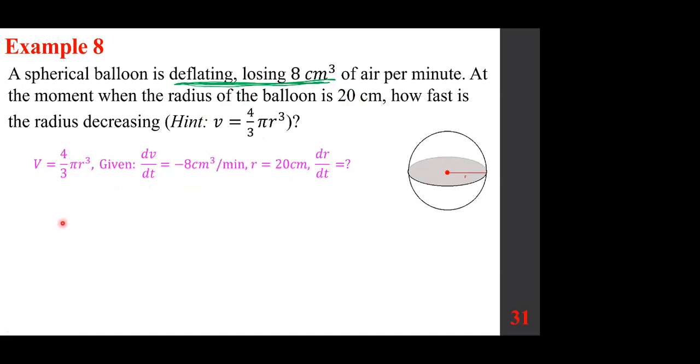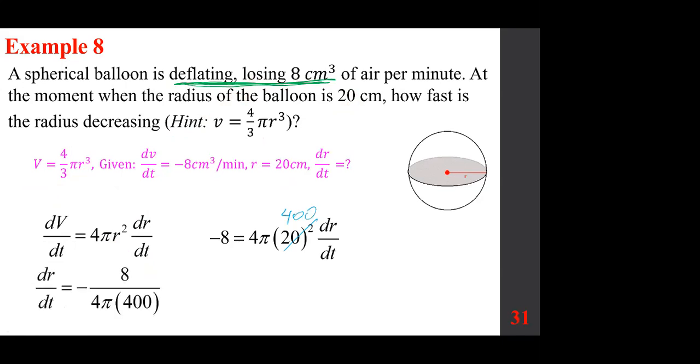Now we are going to differentiate this. We already did that. I hope you remember the 4 pi r squared dr/dt from that question. We are going to replace the r with 20, and we are going to replace the dV/dt with -8. That gives us 400 here.